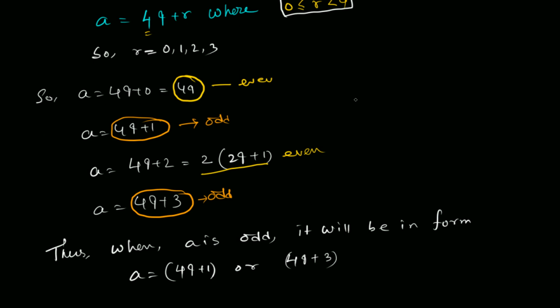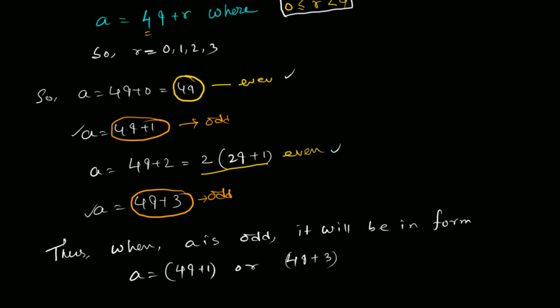Now, using the possible values of r, we have to write down the values of a, which are 4q plus 0, 4q plus 1, 4q plus 2, and 4q plus 3. Among them, 4q plus 0 and 4q plus 2 are even. If they are asking for even, you have to write down only 4q and 4q plus 2.